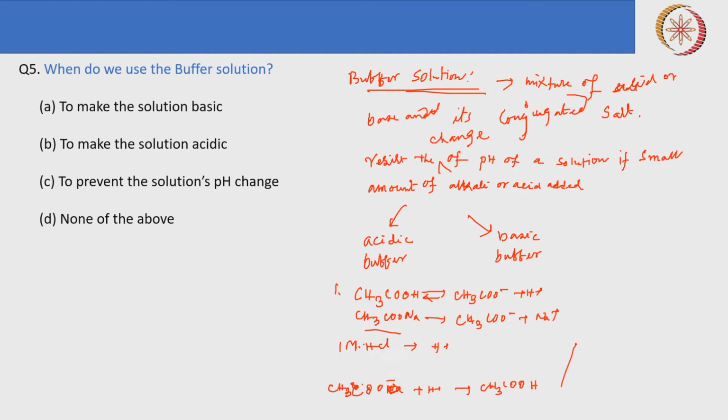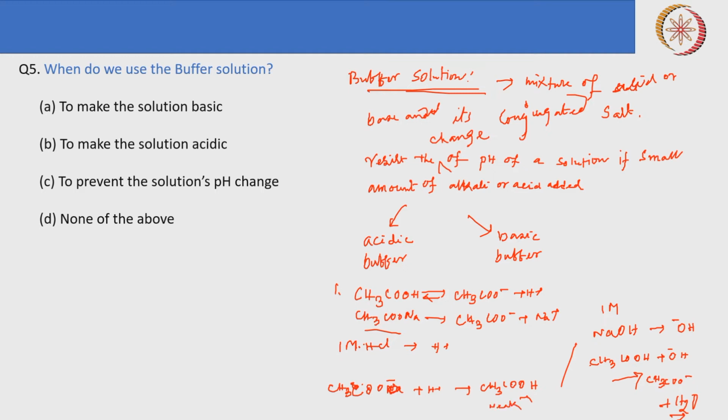And suppose you have added some 1 molar NaOH solution. That means you are adding OH minus. When you add OH minus, CH3COOH plus OH minus forms CH3COO minus plus H2O. So whatever is forming in the solution is either acetic acid or water.